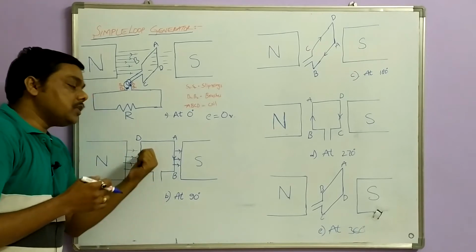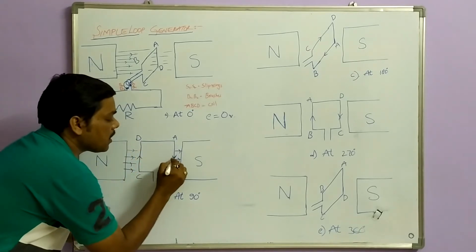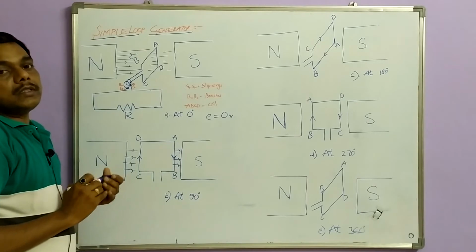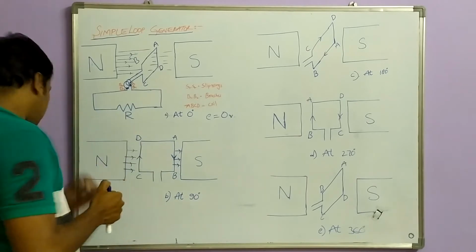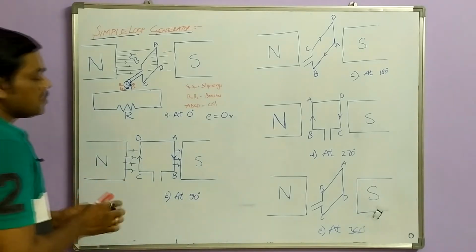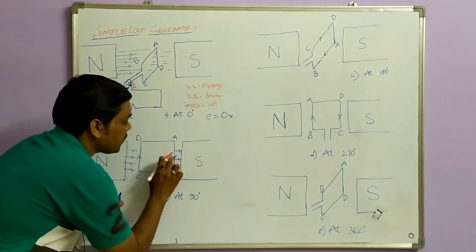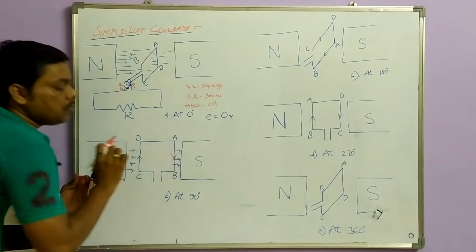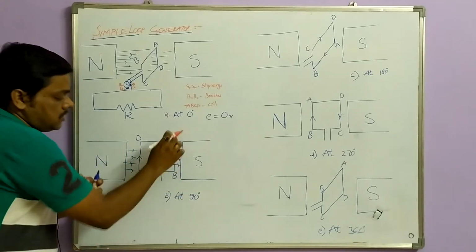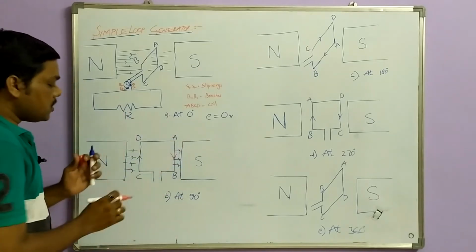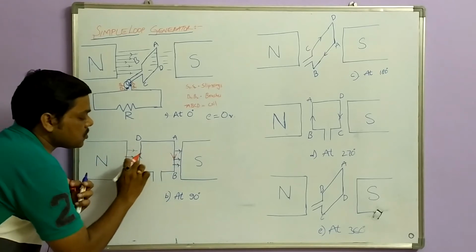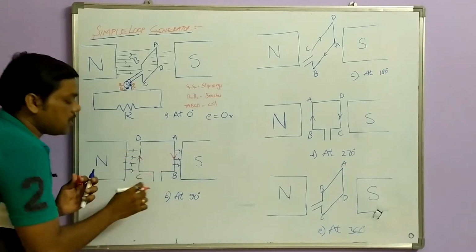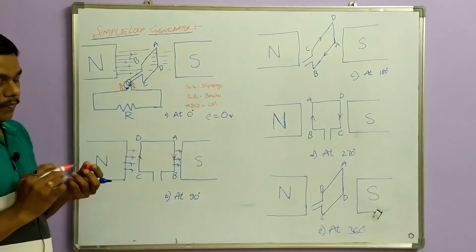When the EMF is induced, a current flows through this conductor. So what is the direction of the current? I am showing the current direction like this, that means A to B in conductor AB, and from C to D in the other conductor.